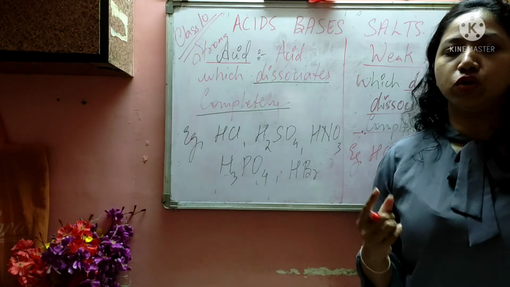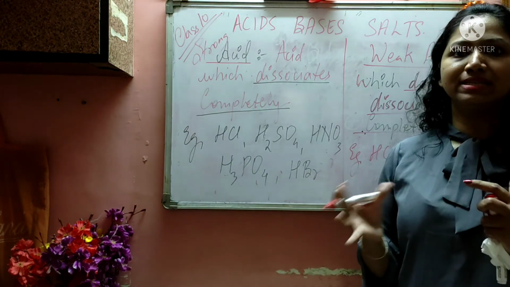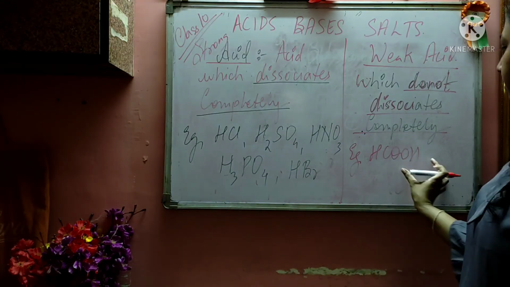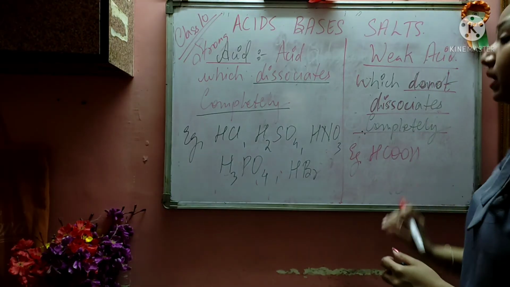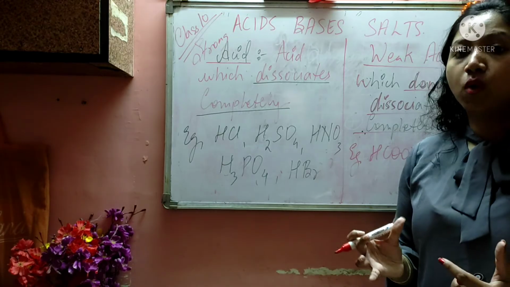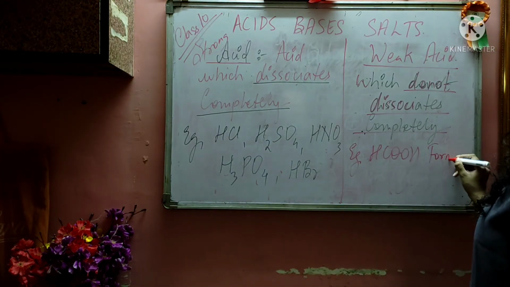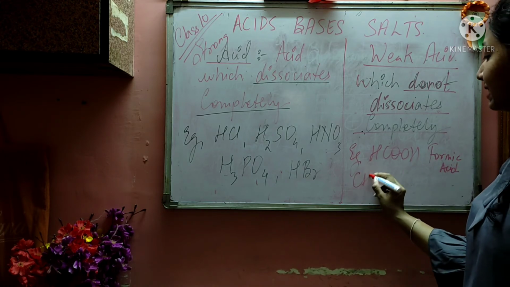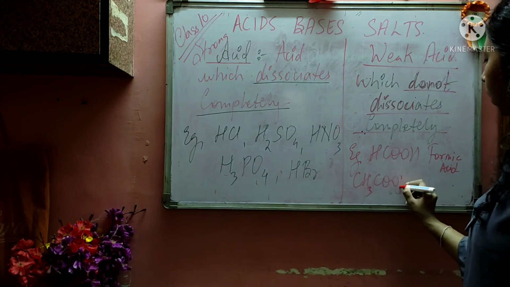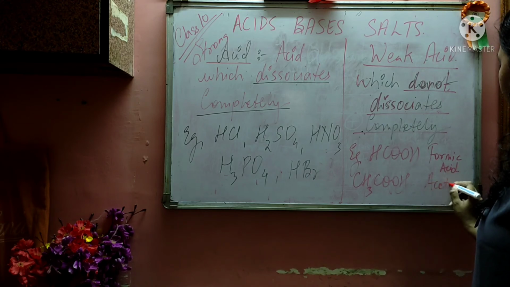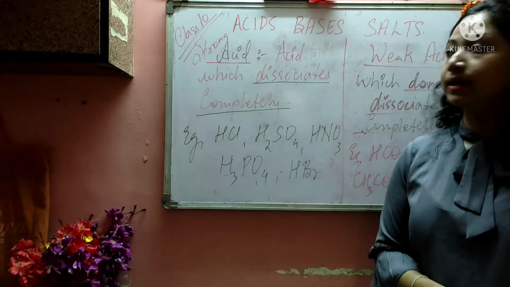I'll make a video on the formulas and everything, but right now just listen to me. HCOOH is formic acid, which is a weak acid. Then the second one is acetic acid, CH3COOH.